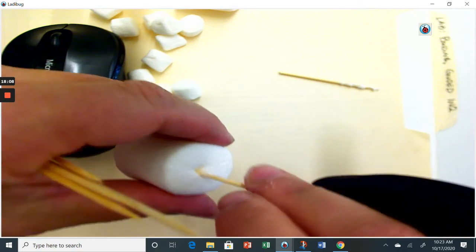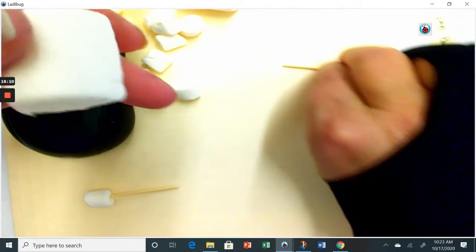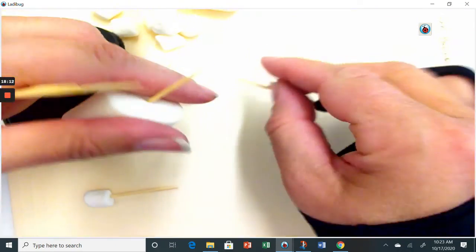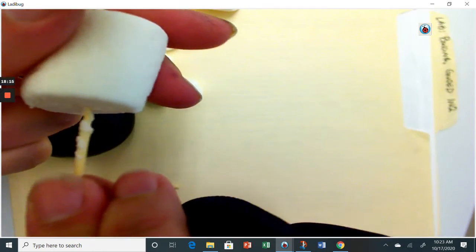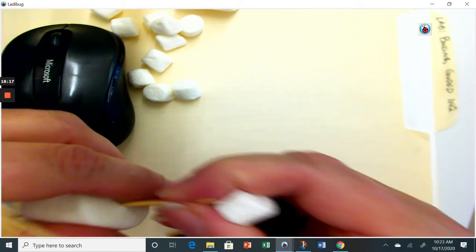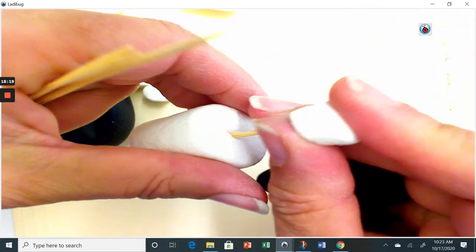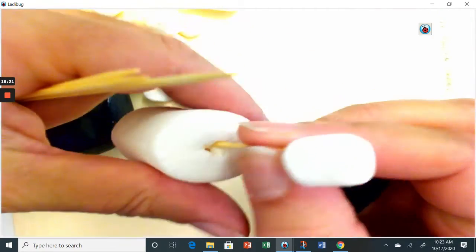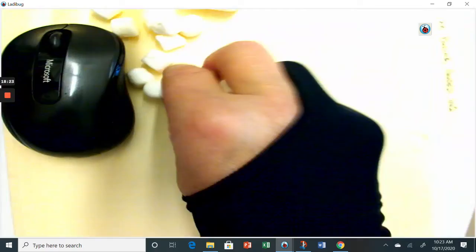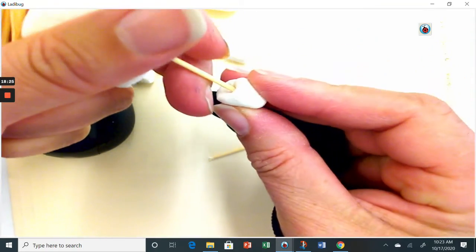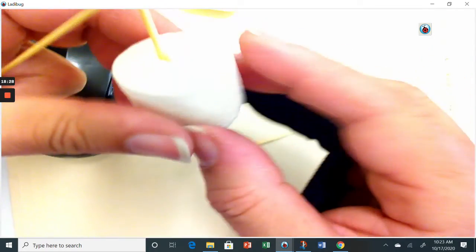I actually use them because they're long enough to go across a beaker, and they hold my chromatography paper for forensics. Hang them just right so the chromatography paper doesn't touch the side of the beaker.